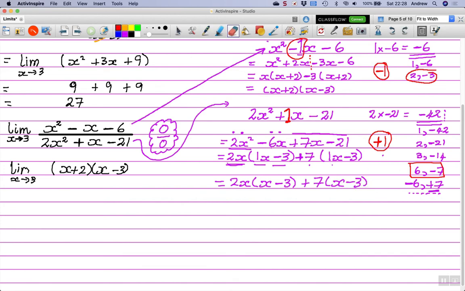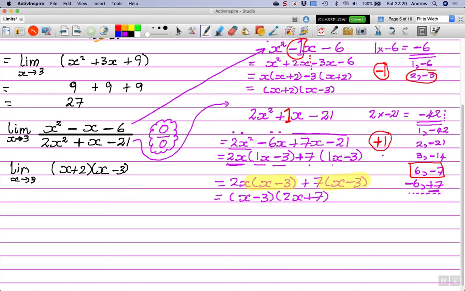Now, the common factor, as you can clearly see, is the x minus 3. That's the common factor. So we take out x minus 3 as a common factor, and we're going to end up left with 2x plus 7, which goes inside the other bracket.